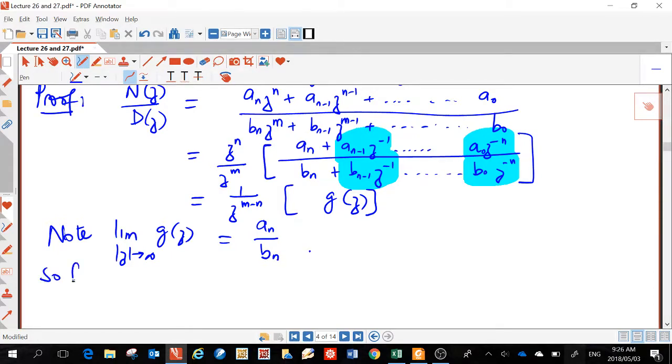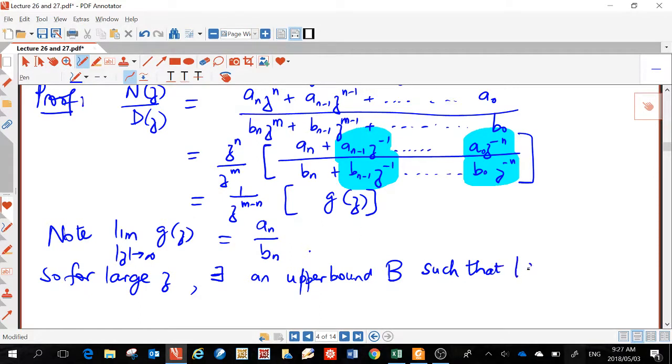So for large z, there exists, that symbol means there exists, the backwards E, there exists an upper bound, let's say B, such that the absolute value of g of z is less than B. So there's some big number where this can't go beyond.